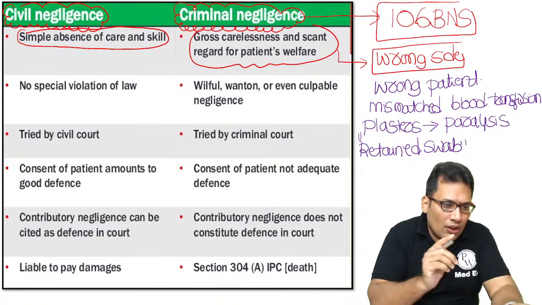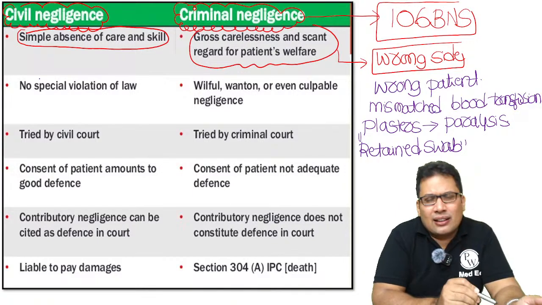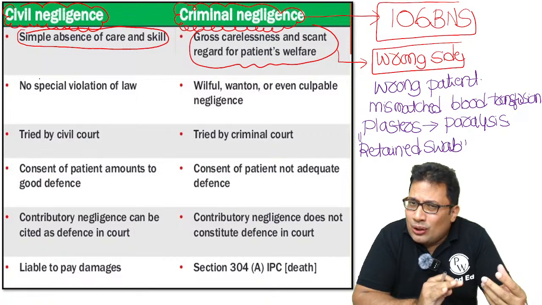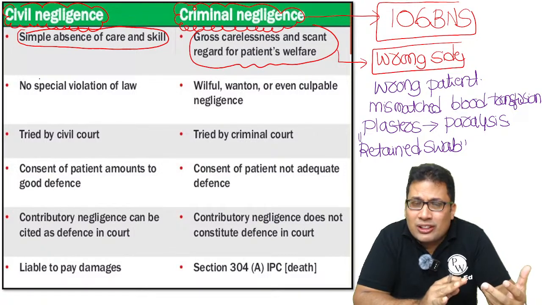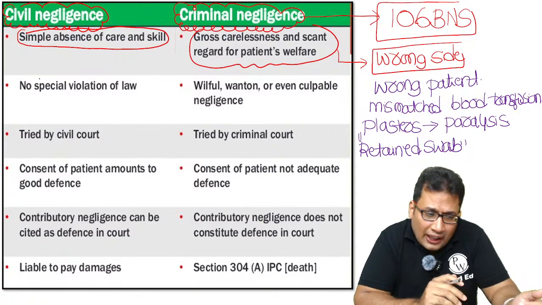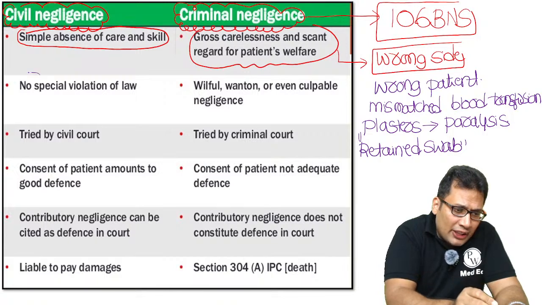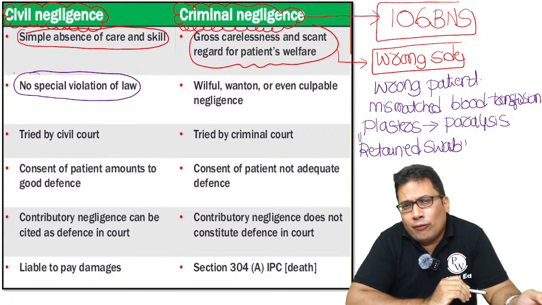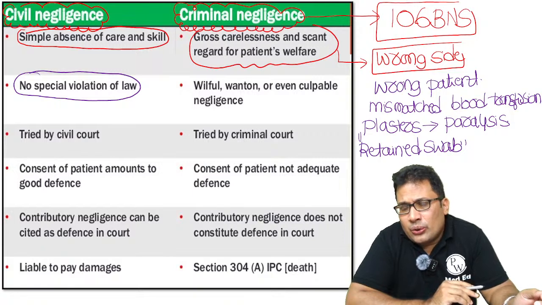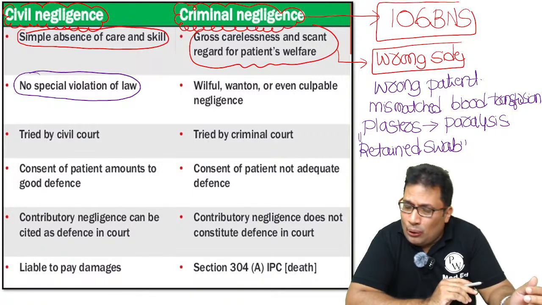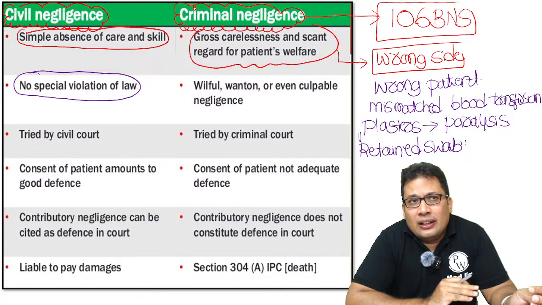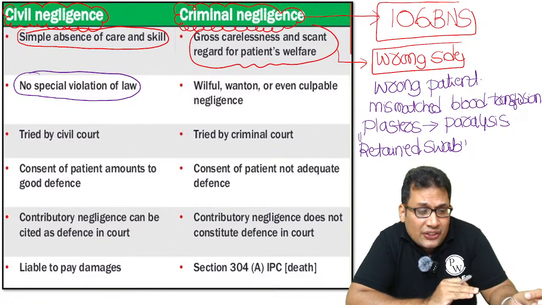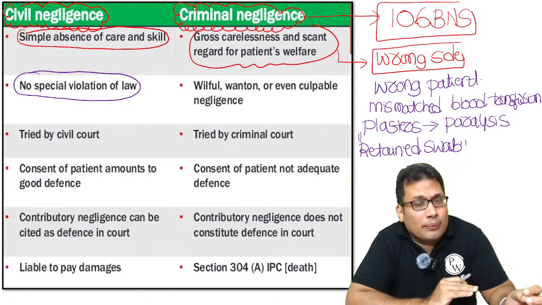Fine. A civil negligence example can be some mild injury to the patient, maybe a wrong diagnosis, right? No special violation of law. We have certain laws related to medical practice, like medical law and ethics. But in civil negligence, there is no special violation of the law.